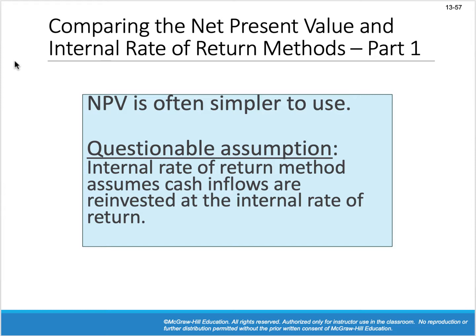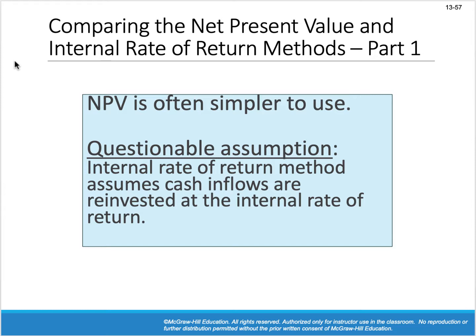Well, it's a questionable assumption that cash inflows can be reinvested at that internal rate of return. So that's not always the case, right? Interest rates are going to fluctuate. So we might not be able to reinvest those cash flows at that internal rate of return, right? So what happens next?